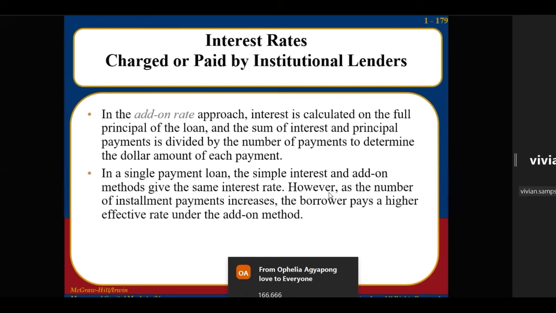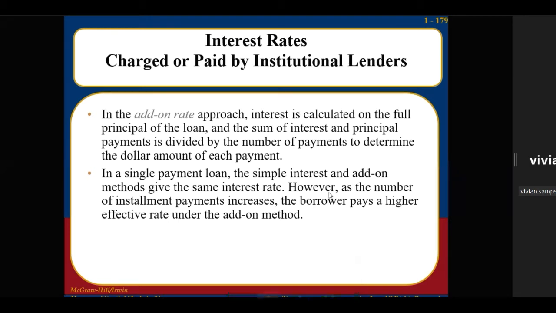Ophelia's is the correct one. So if you have 0.08 divided by 12 times 25,000, that will give us 166.6. So how come some of you are getting 167.5?